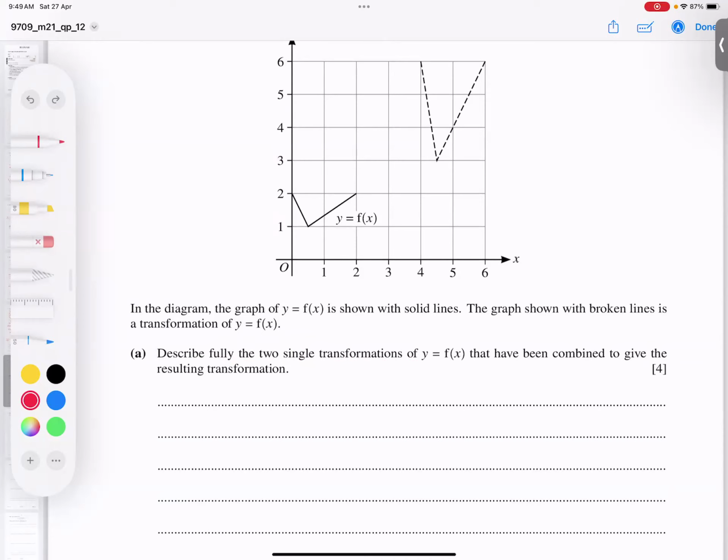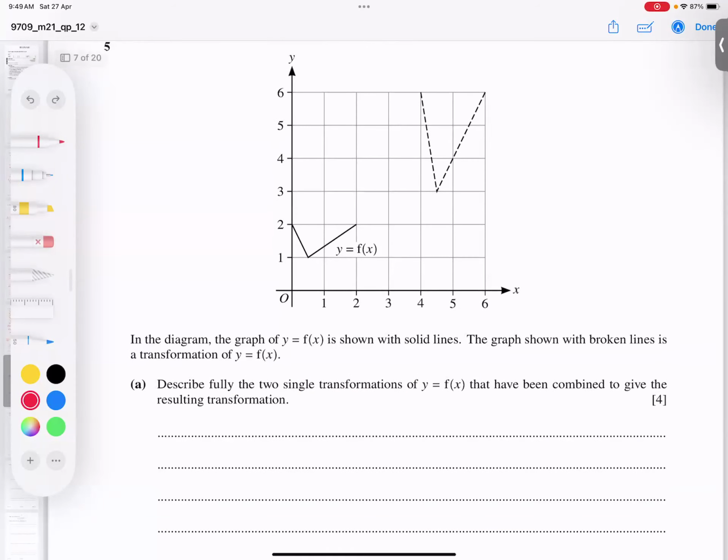Some students make a mistake; I'll show you the mistake. If they think this diagram is moved 1, 2, 3, 4 along the x-axis, they think this is a translation, but this is wrong. Why is it wrong? Because the points of the object and image are meeting.